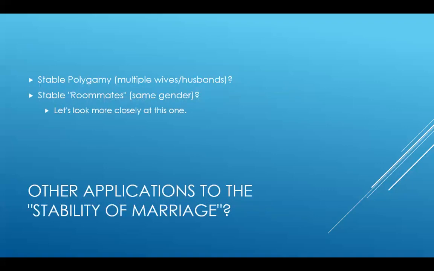By the way, we showed that no matter what the preference lists are, this is an amazing thing. No matter what the preference lists are for the men and the women, we can always find what? A stable matching. Always. Do you understand how remarkable that is? Think about it.